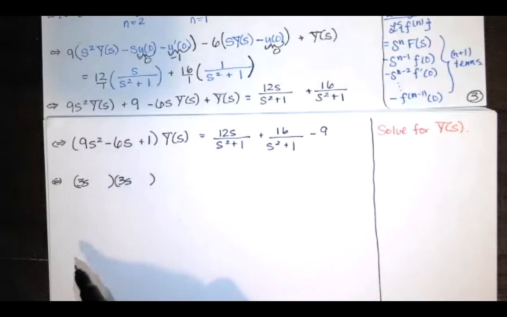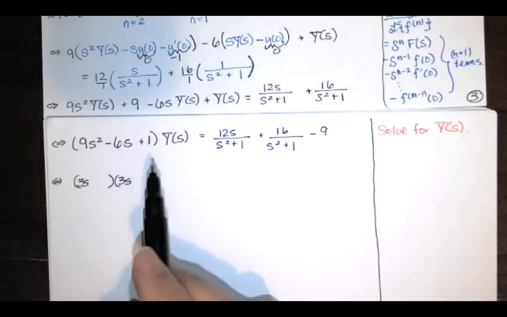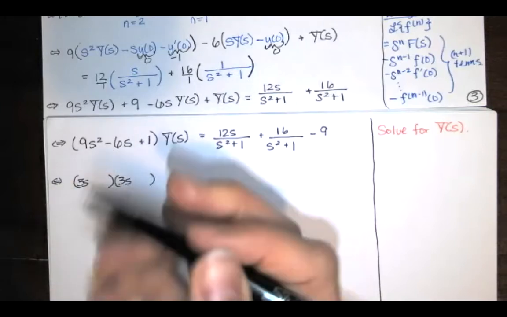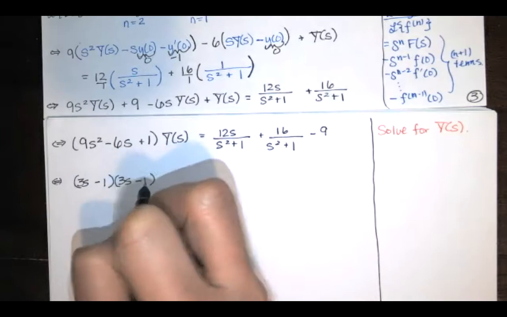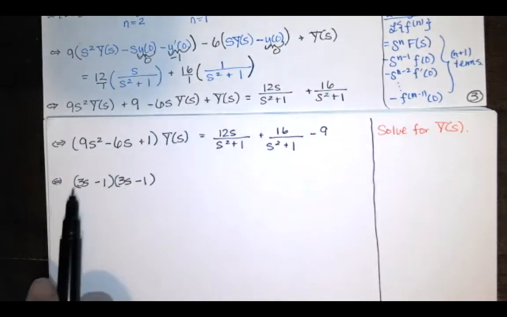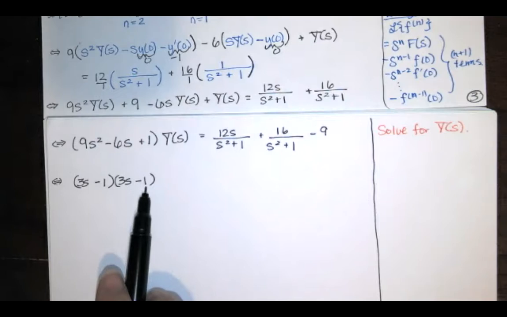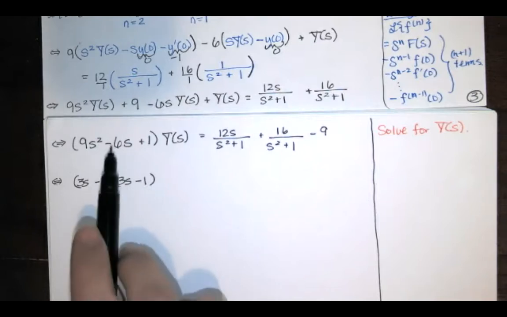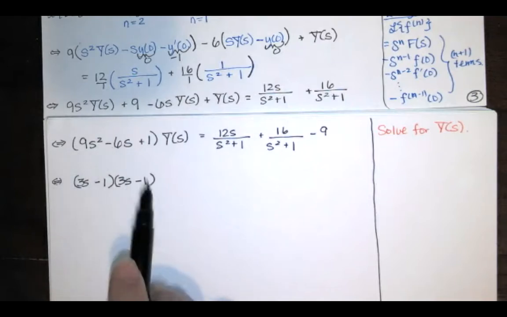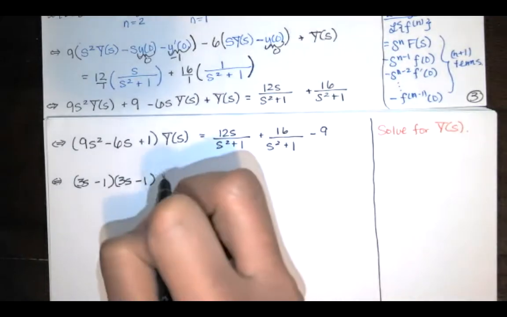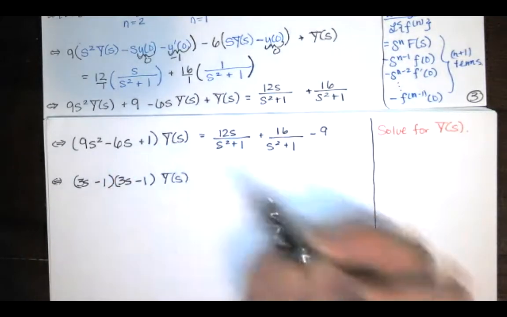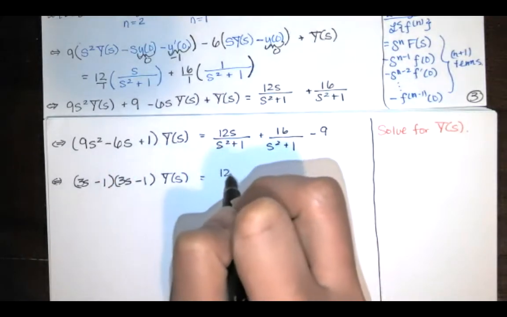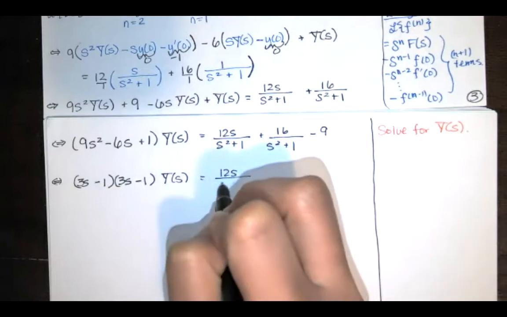If I need two numbers that multiply to give me a positive 1, and I need this term in the middle to be negative, I can use -1 times -1. Now watch this. First times first is 9s squared. Outer times outer is -3s, and inner times inner is -3s. So together that's going to give me the -6s, and the -1 times the -1 is the positive 1. So y of s is multiplied by this product, and since those are the same, you can write it as 3s minus 1 quantity squared.